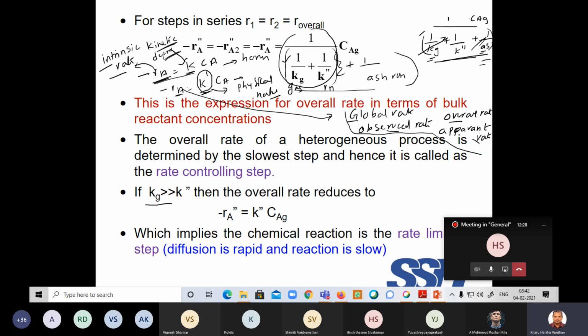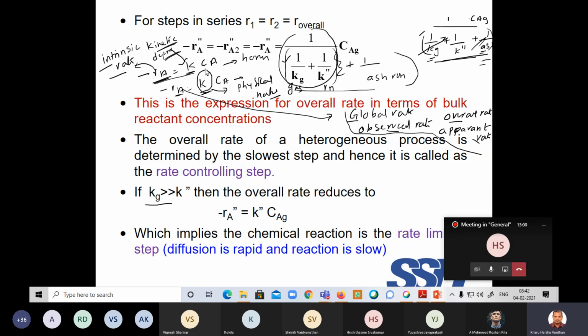The difference: for intrinsic rate, you are not bothered about the physical properties, whether the solid is present or porous or whatever it is. So there is no mass transfer effect here. But when you are writing K star like this, you are taking into picture the diffusion resistance or mass transfer resistance of different phases.